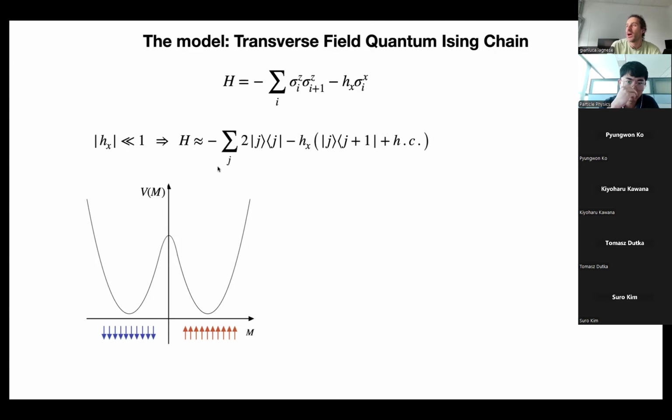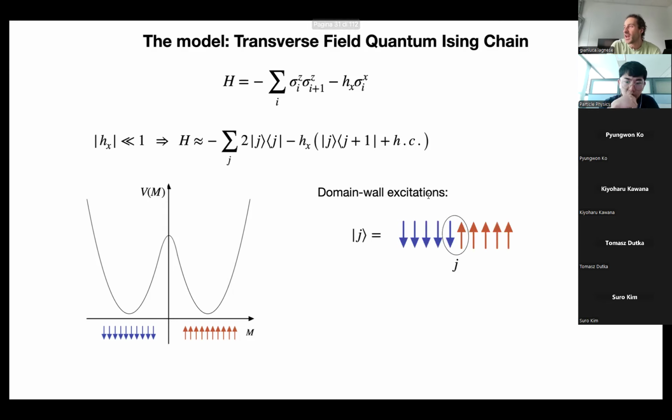And then you can write down some kind of perturbative Hamiltonian in Hx, which describes the dynamics of this domain wall excitation, which are the fundamental excitations over these two ground states. So basically, if you put your system in one of these ground states, the excited states are these domain walls, called like this because they are domains between two configurations of the spin field.